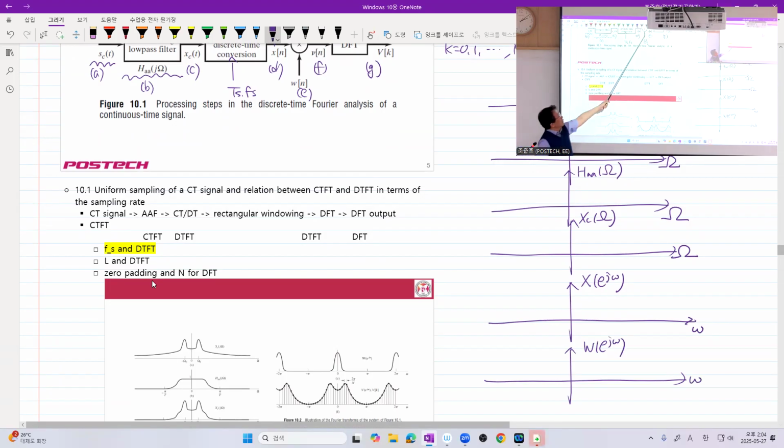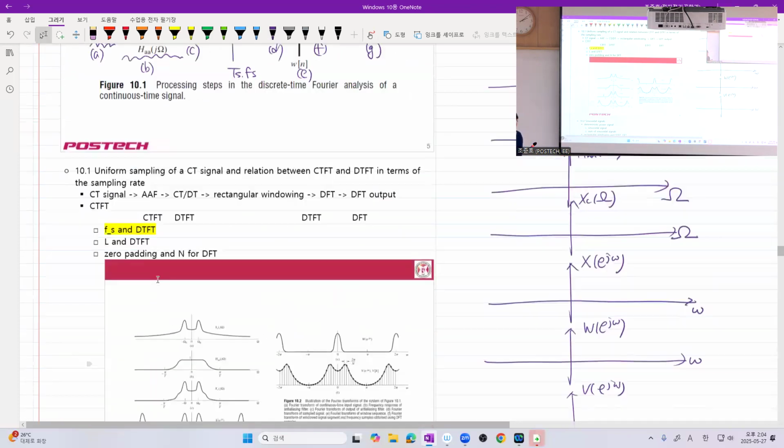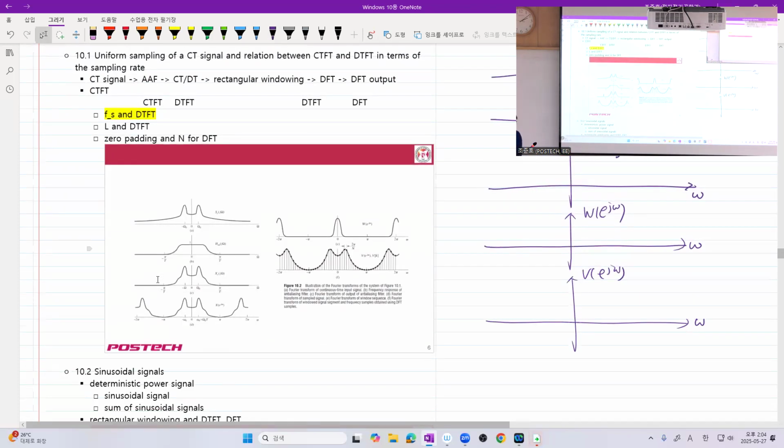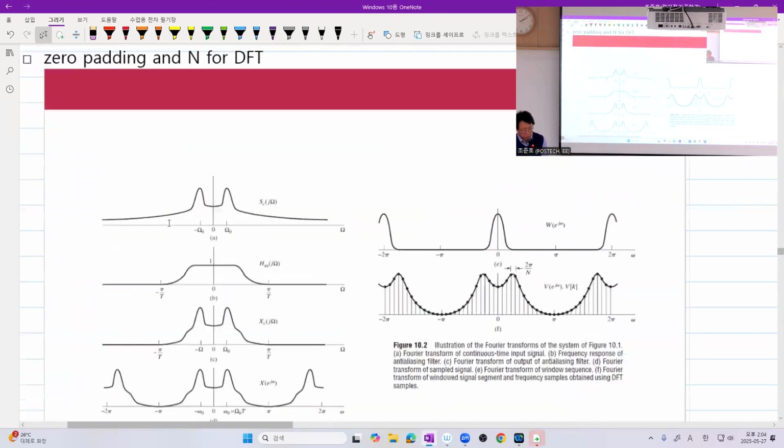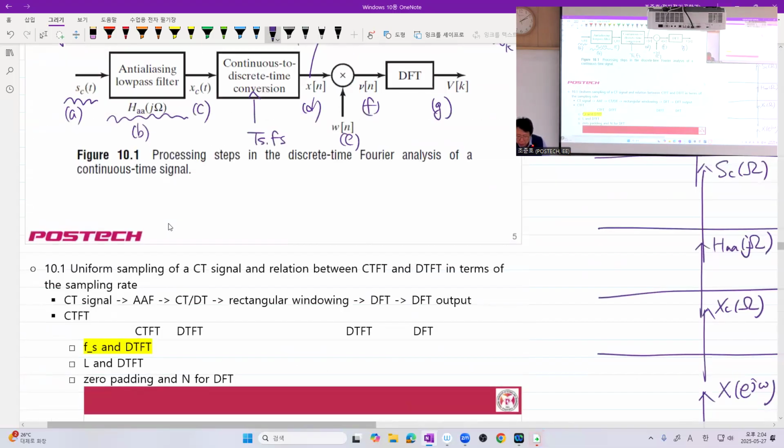And here goes V of e to the j omega. Like this. Now, here we have an example for each function. Oh, by the way, our textbook loves j omega. Let me put j here.